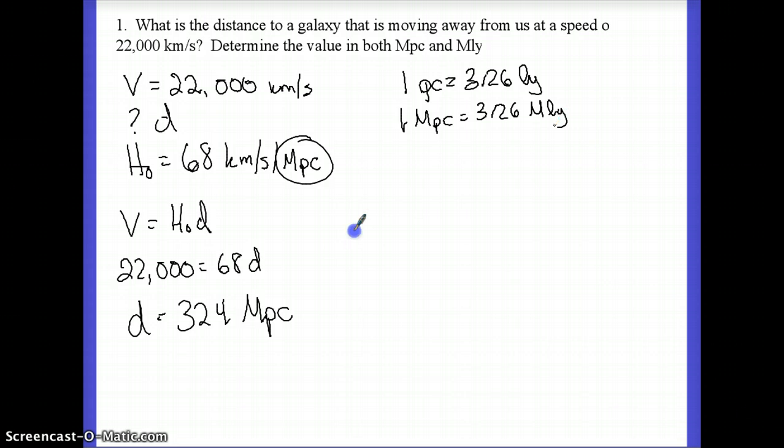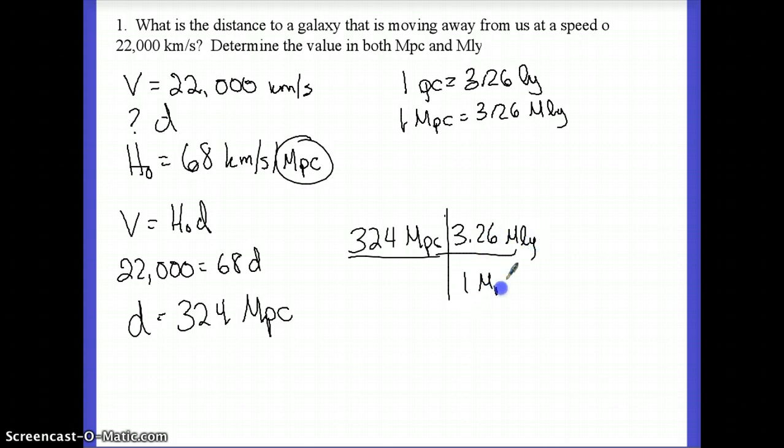So I'll do 324 megaparsecs times 3.26 mega light years for 1 megaparsec. And we get about 1,055 million light years. So over 1 billion light years away. That's the distance to that thing.